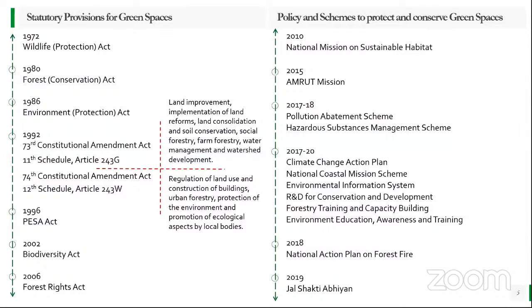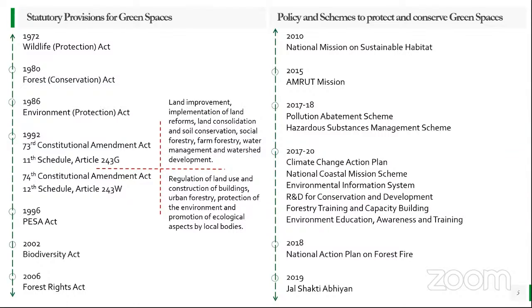These schedules include land improvement, implementation of land reforms, soil conservation, social forestry, and farm forestry. Then come the PESA Act, the Biodiversity Act, and the Forest Rights Act, which includes unclassified forest, undemarcated forest, existing or deemed forest, protected forest, and reserve forest. These are all included under the Forest Rights Act.